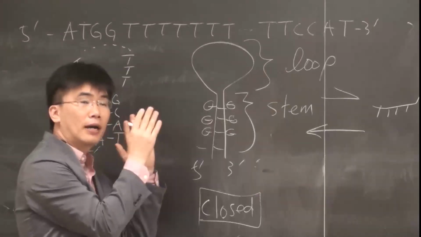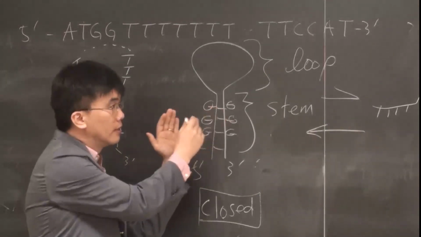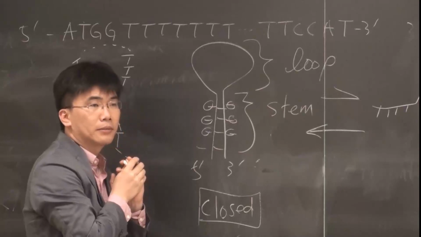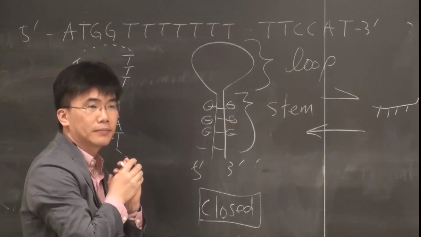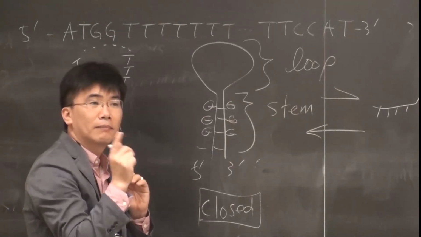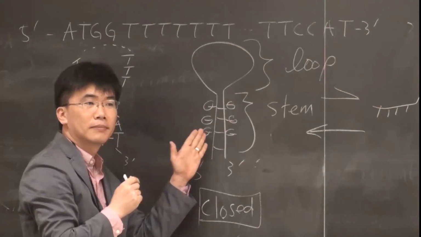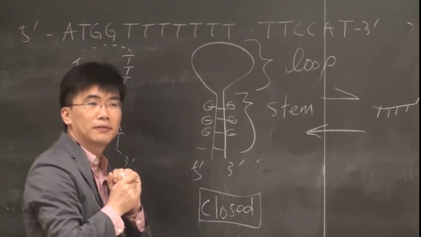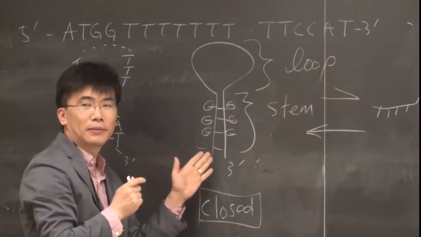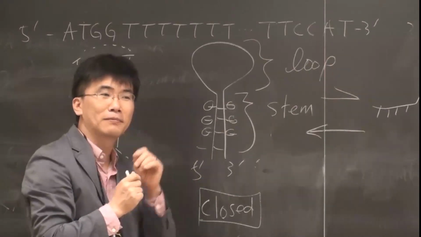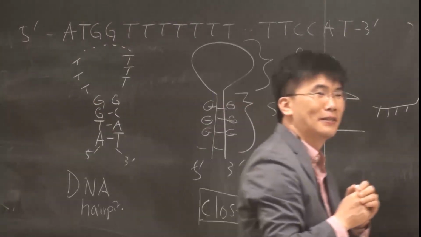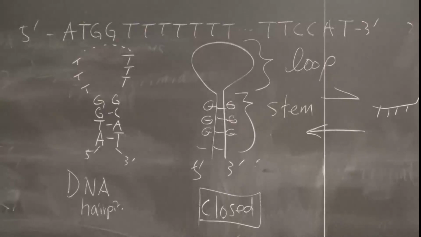So if you have higher ion concentrations, then the closed state is actually more favored, and so on. If you have more GC base pairs, which would be favored? Closed, because we have more hydrogen bonds? No, because stacking interactions are stronger if you have more GC base pairs.